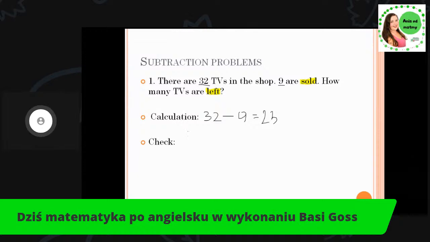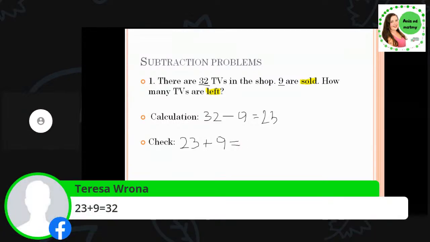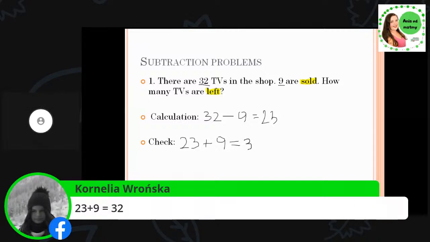So we're going to use addition to check the subtraction. So 23 plus 9 equals 32. That's a good check.